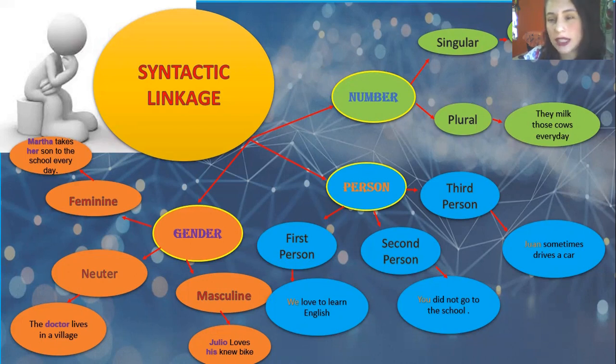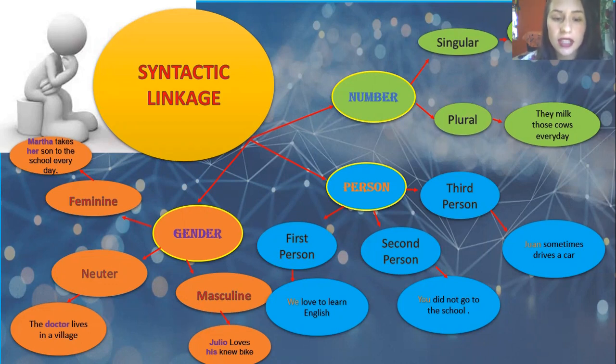Let's look at these examples. She milks that cow every day, and they milk those cows every day. We can evidence in these examples the use of pronouns like she, which is singular, and they, which is plural.